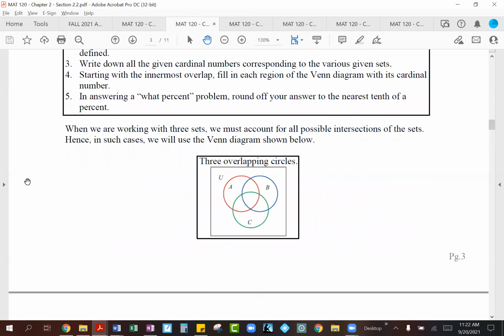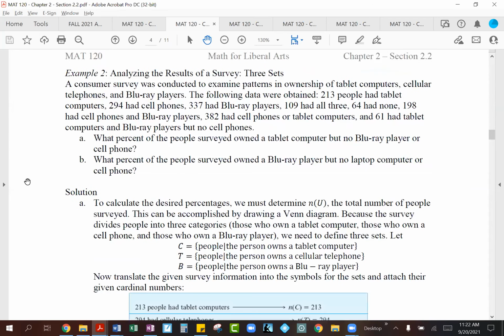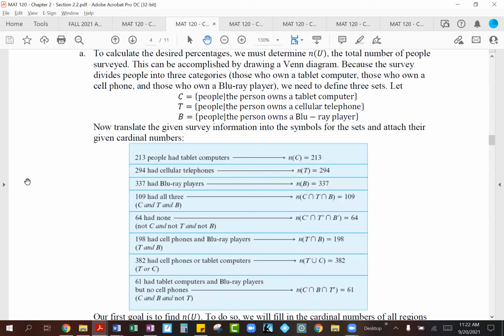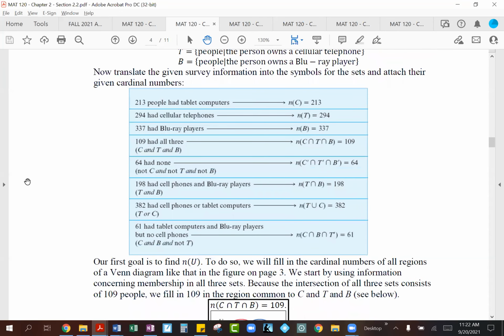One of the other types of examples we'll be looking at is when you have 3 overlapping circles and how to solve those kinds of problems. The idea is you can actually have many overlapping circles. In your textbook, which I don't have included in your homework, they've got 4 and 5 different overlapping circles, and you're trying to break them down.